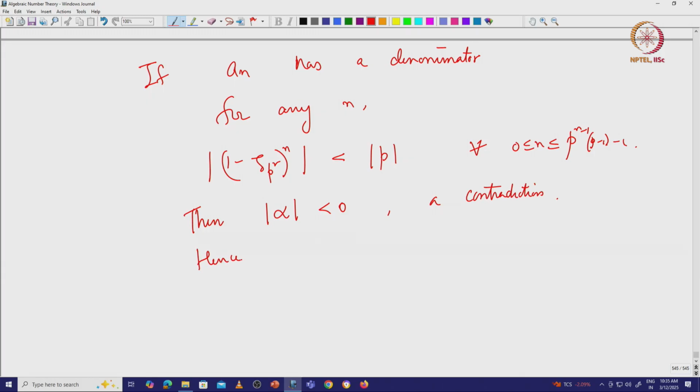Hence, all these a_n's are in fact in Z. So, hence m is equal to 1 and d_K is, up to sign, simply p to the power m, right.